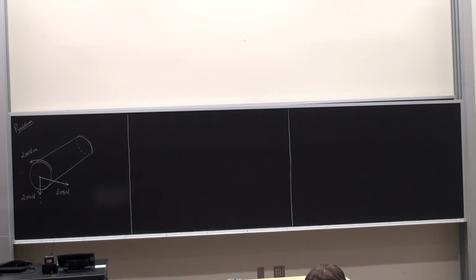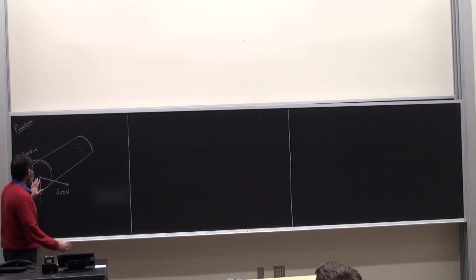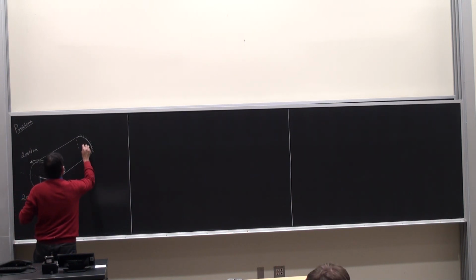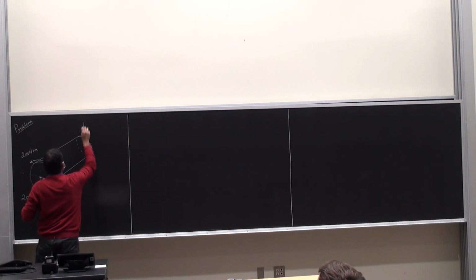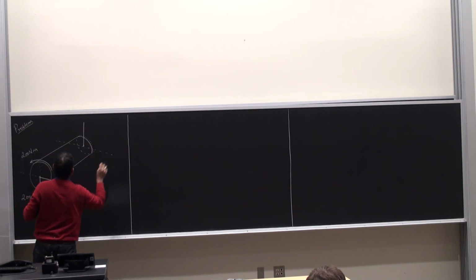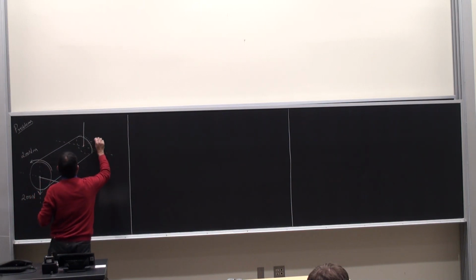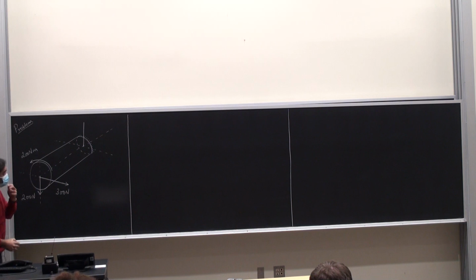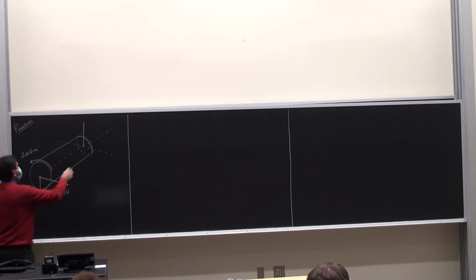The length of this is 1 meter, the total length. And I'm going to draw a set of parallel axes back on the fixed face. So this is the back end here.